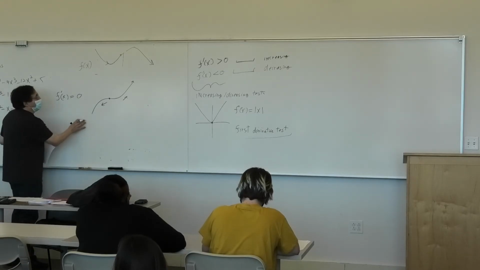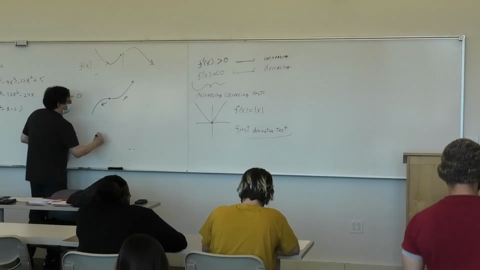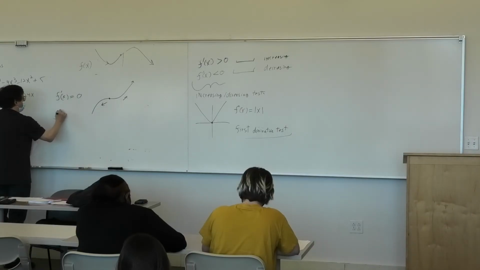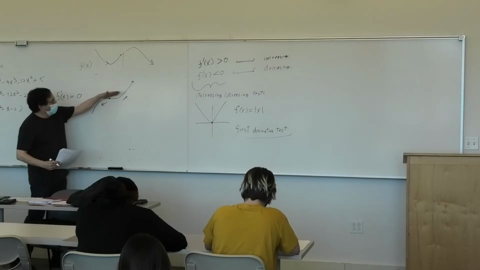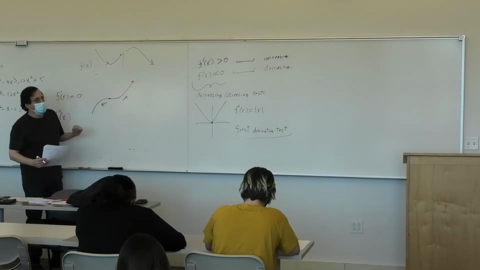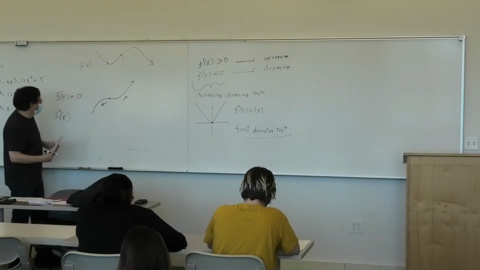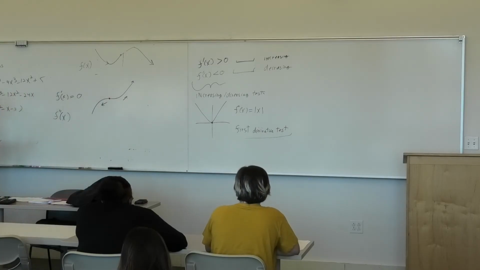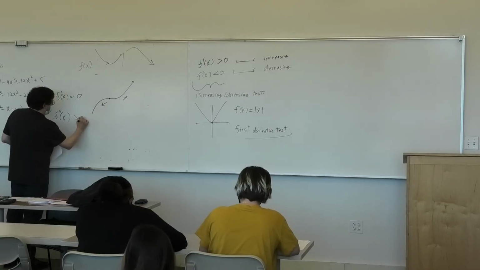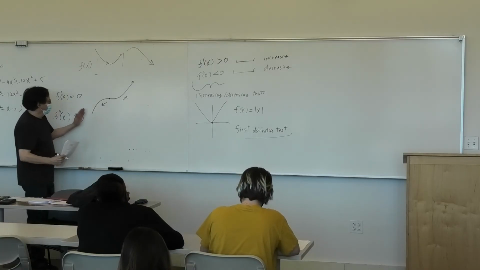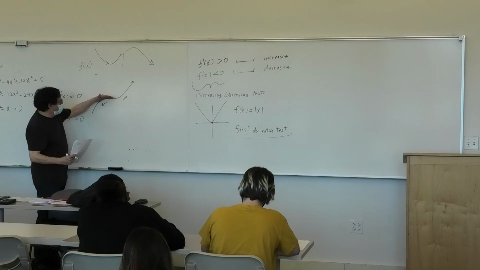So one thing you can do, at least for a continuous function, is you can look at the second derivative. That's going to tell you what the first derivative is doing. If the second derivative is greater than 0 at that point, what does that tell you?